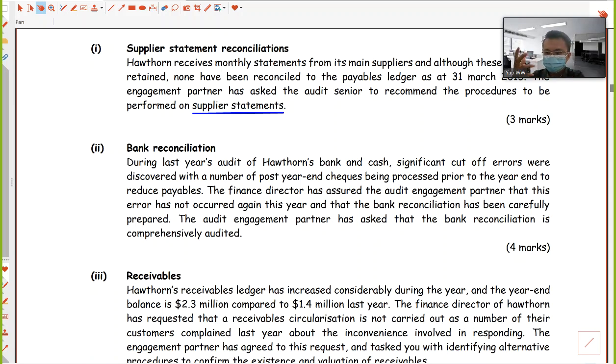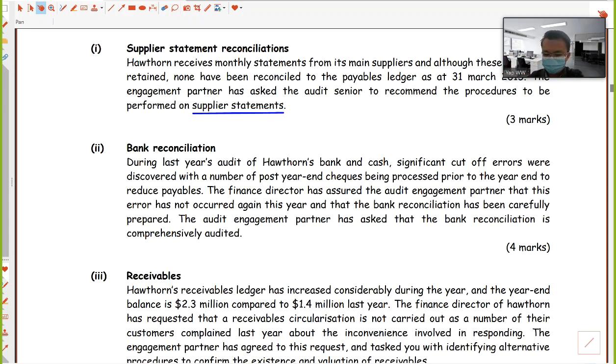But in actual, they haven't made the payment yet. They just assume they are going to make the payment, so they deduct from the cash book and reduce the payable. Then money didn't go out. Money wait until after year end, then only they pay the supplier.